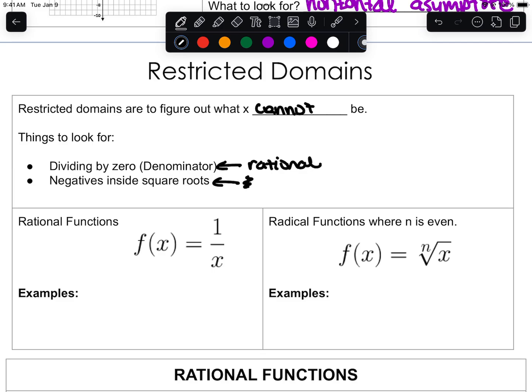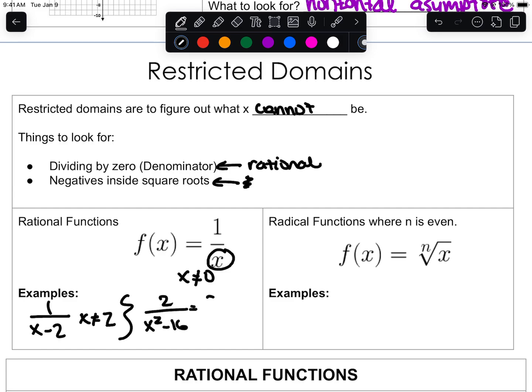For a rational function, I know here x does not equal 0, because what makes this denominator 0 would be 0. If I have 1 over x minus 2, x does not equal positive 2, because that's where my vertical asymptote would be. A little bit more complicated: if I have x squared minus 16, that's the same thing as x plus 4 times x minus 4 if we factor. So x does not equal negative 4 or positive 4. We'd have two vertical asymptotes there.